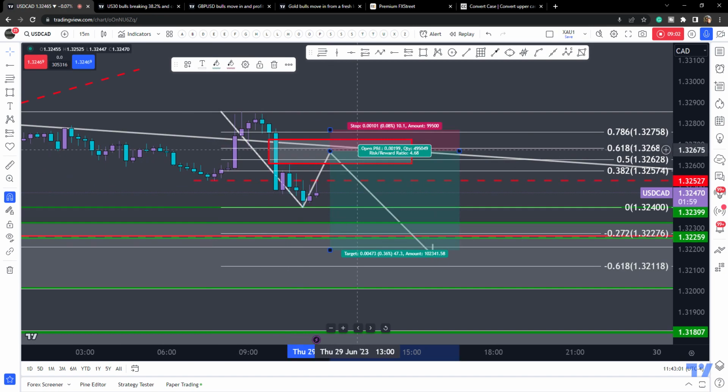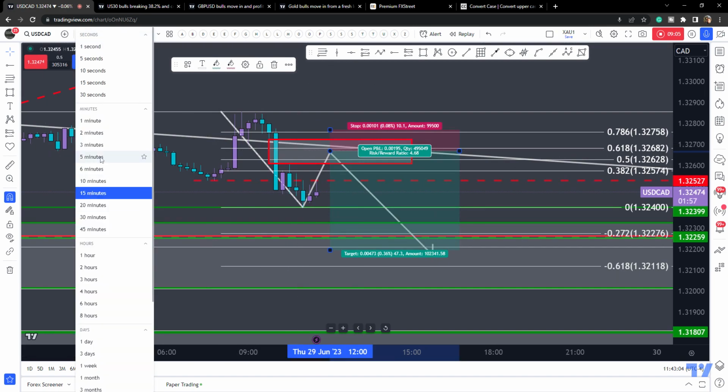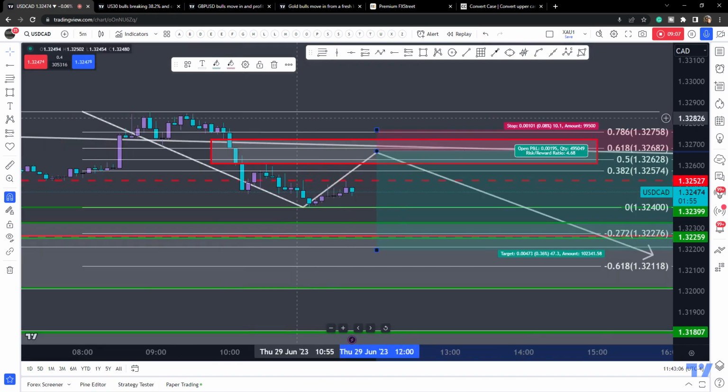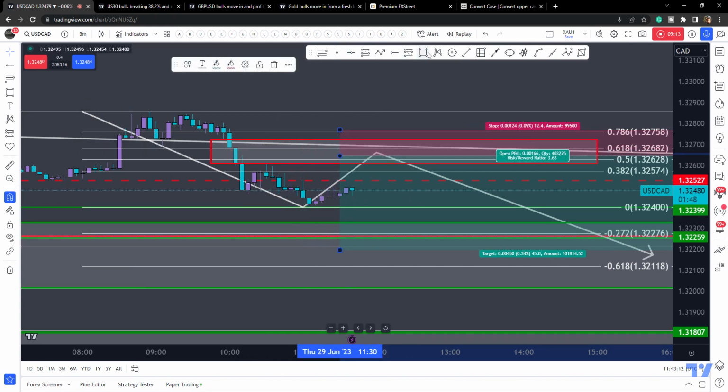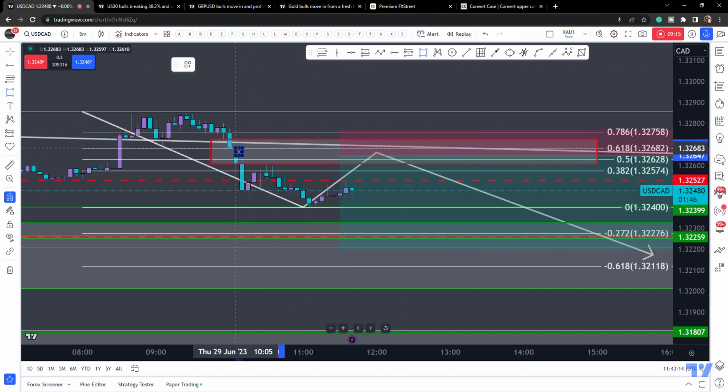And you conduct that on a lower time frame, maybe the 5-minute. That will give you additional structure to base from. So again, you've got an imbalance in the 5-minute between here and here.